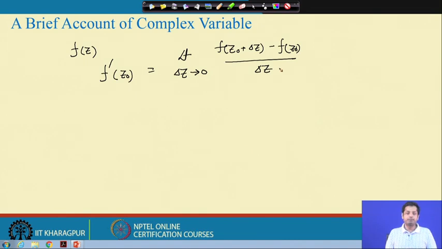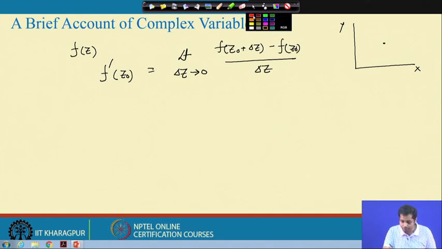This is the derivative, right. So if we take any function in the complex plane, suppose this is the complex plane x and y, and this is any point, say that point is z0.